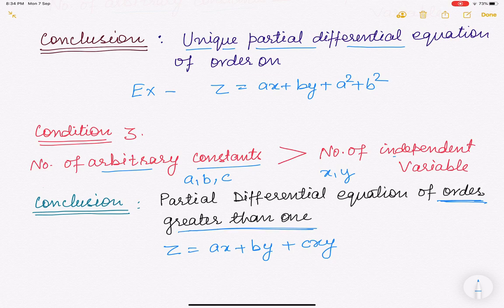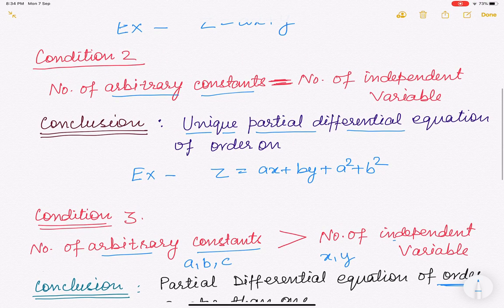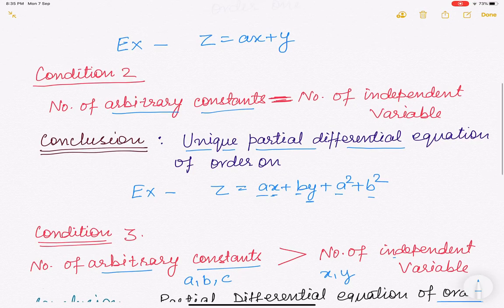For example, in this case we have three constants a, b, c, and the independent variables only x and y. In the second case, where we get the unique partial differential equation, we have only two constants a and b and two independent variables x and y.